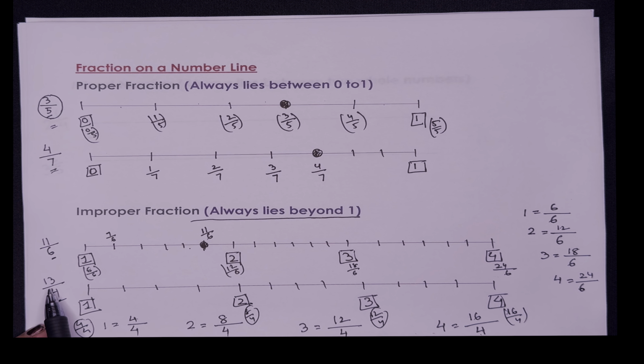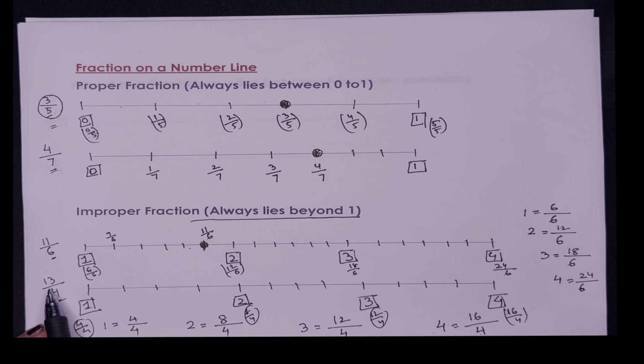Okay. Look at this example. 3 2 by 5. 3 plus 2 by 5. So definitely it will go beyond 1, 3 and 4.